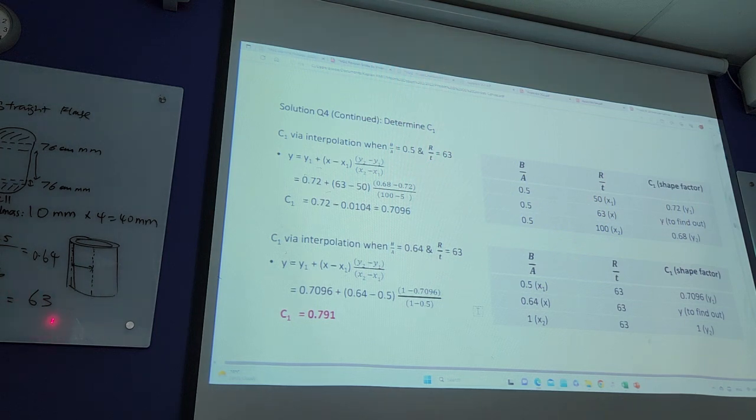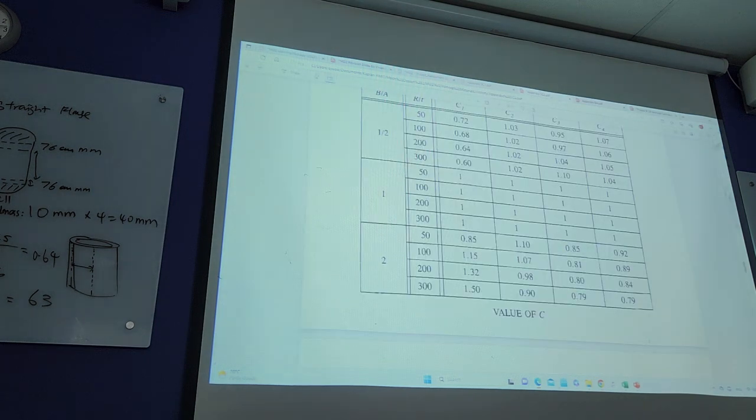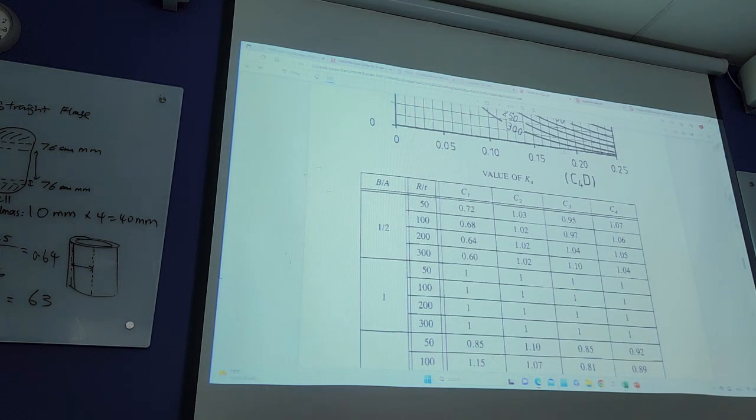As you know, our RT is 63. According to our table, if I show you the table that we have, we are looking at this. Now we want to fix the RT because our RT is 63. So it's between 50 and 100, correct?